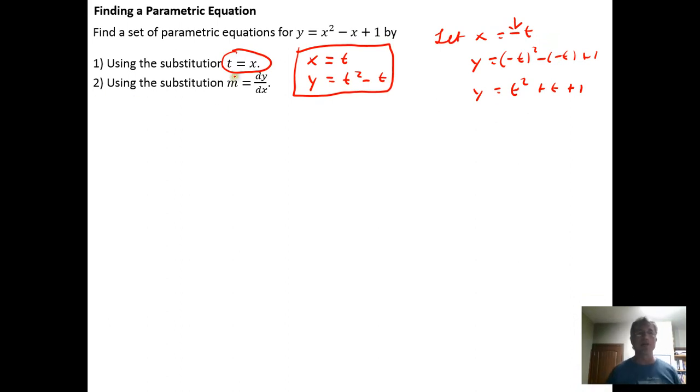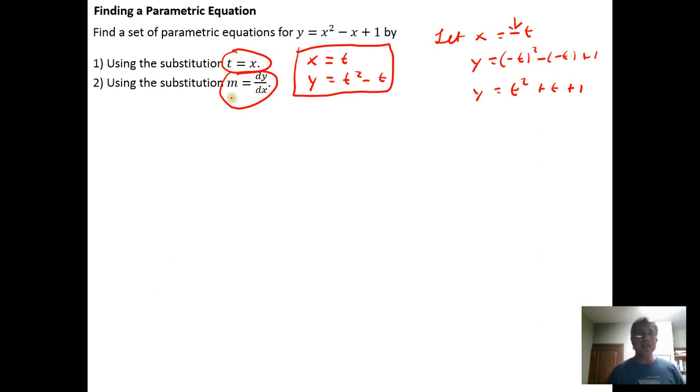Here's another possibility. It's kind of an interesting thing to do. You can say, hey, let's parameterize the function we want to parameterize by using the derivative of the function. So parameterizing a function in terms of its own derivative. And remember, a derivative, dy/dx, just tells you the slopes of the tangent lines to the original function.